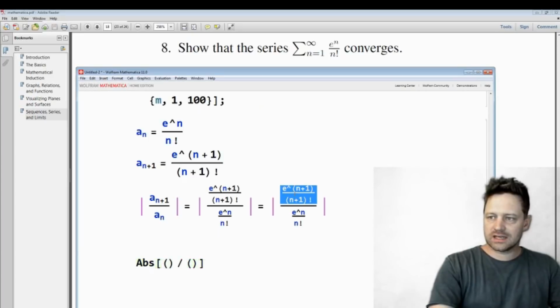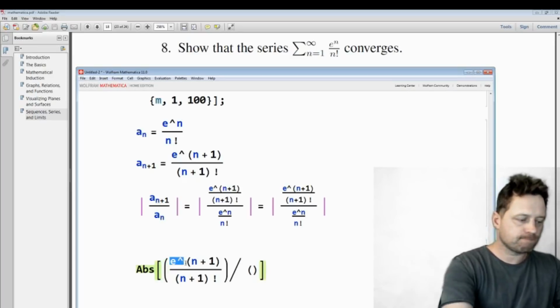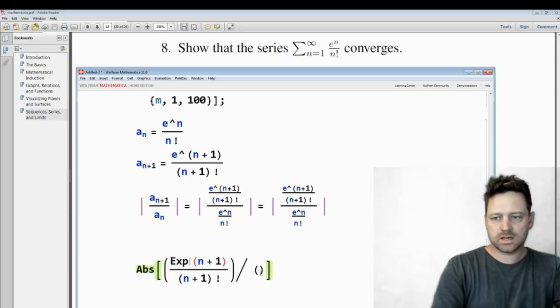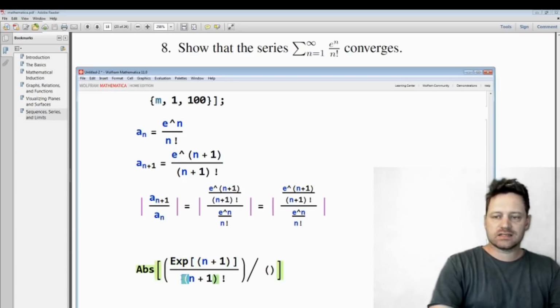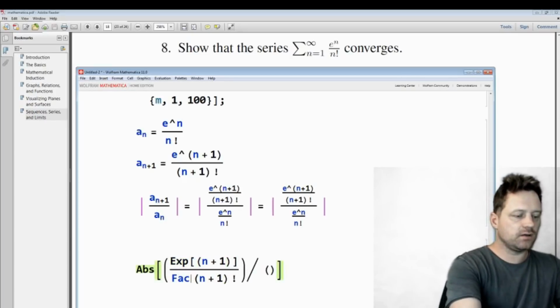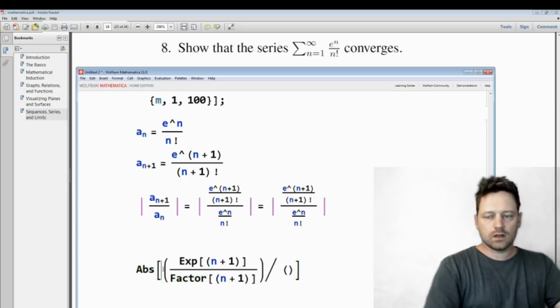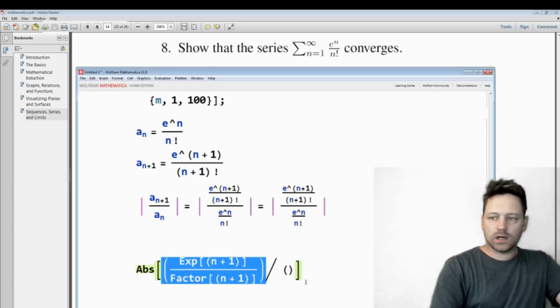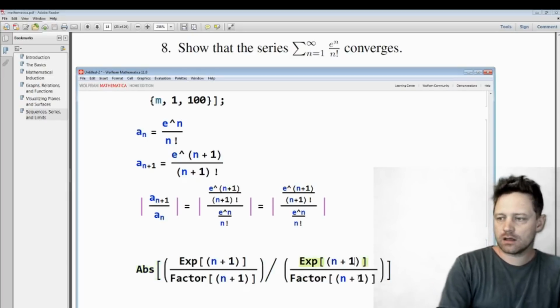The first thing is EXP, or e to the power of n plus 1, and then this is factorial n plus 1. So that's A_{n+1}, and then we are dividing this by A_n.